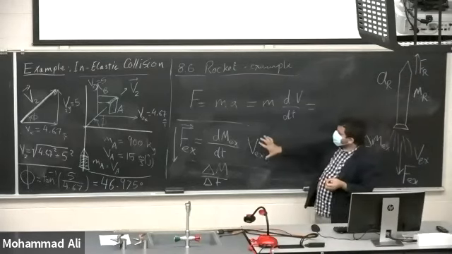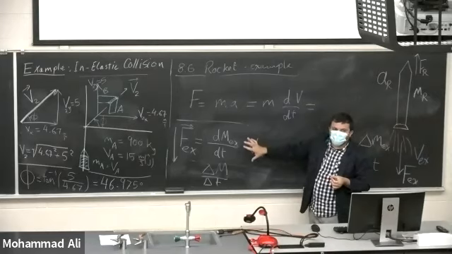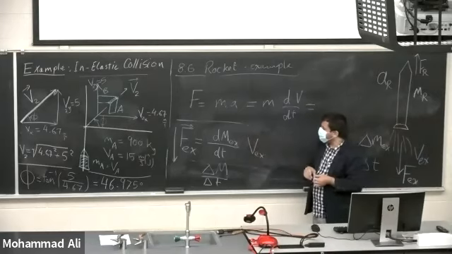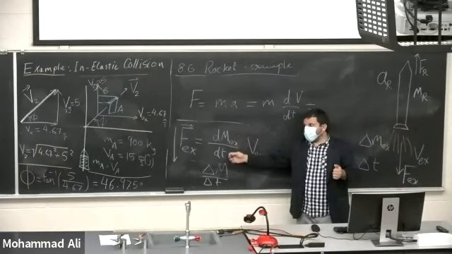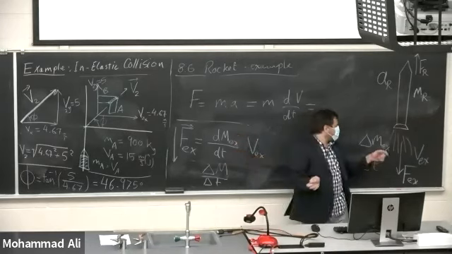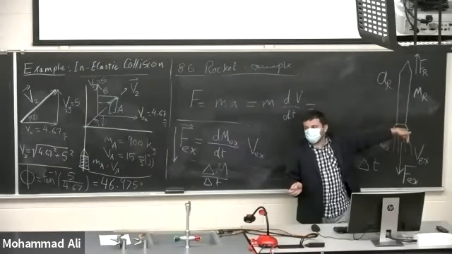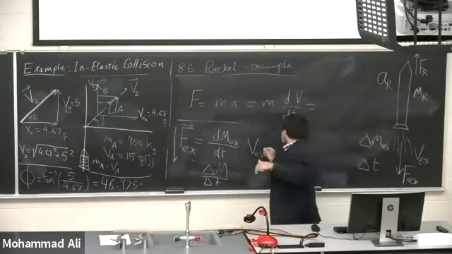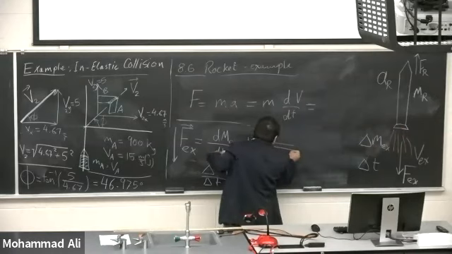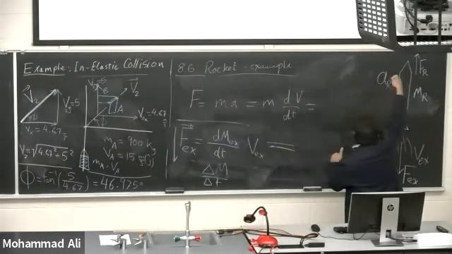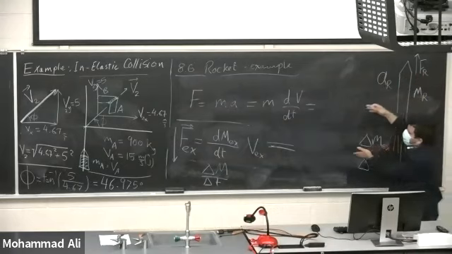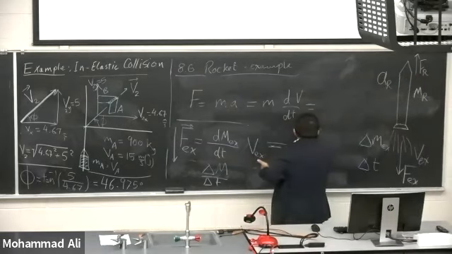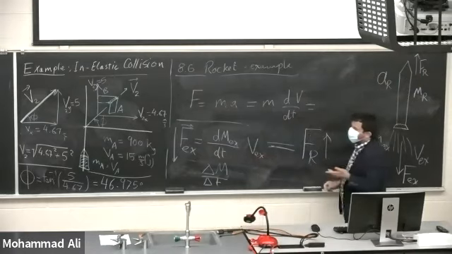So the force acting on the rocket comes in this form. It is the change in mass during a time multiplied by the velocity of these exhausted materials. This force will be applied on the rocket, and it will be equal to the force on that rocket, but upward.